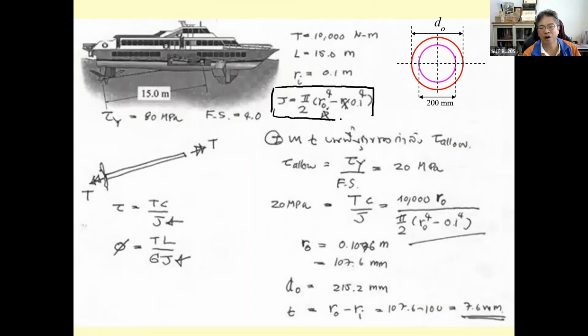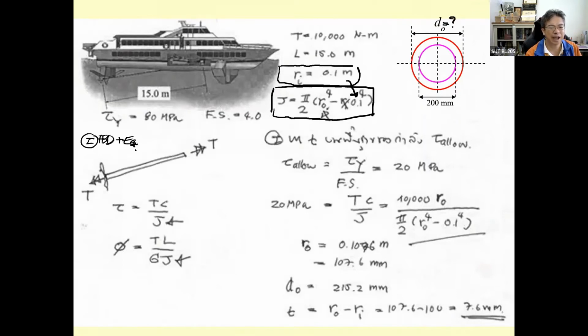We don't know the R sub O because we don't know the D sub O. So J is unknown, and the R sub I. You can put the R sub I into this equation. Okay. And what we have is the free body diagram and the equation of equilibrium.